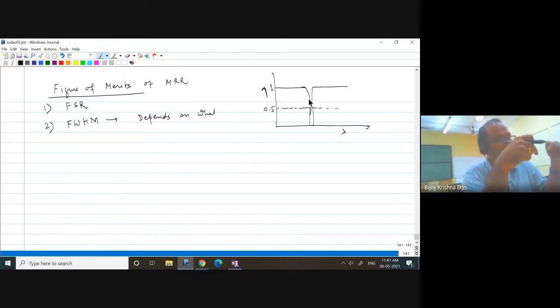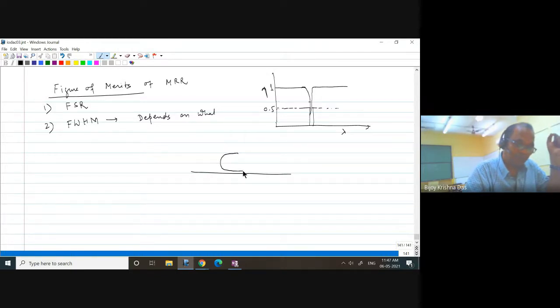So far we have not used any loss in the ring, right? In our derivation of the ring resonator, when we discussed the all pass configuration and derived the transfer function, have we considered loss?